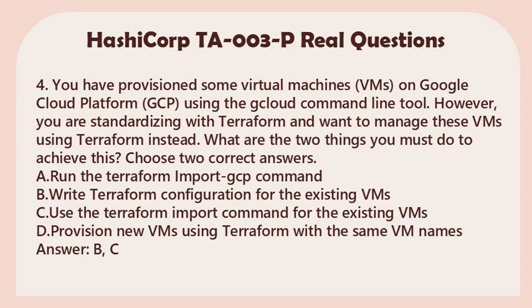A. Run the Terraform import GCP command. B. Write Terraform configuration for the existing VMs. C. Use the Terraform import command for the existing VMs. D. Provision new VMs using Terraform with the same VM names. Answer: B, C.